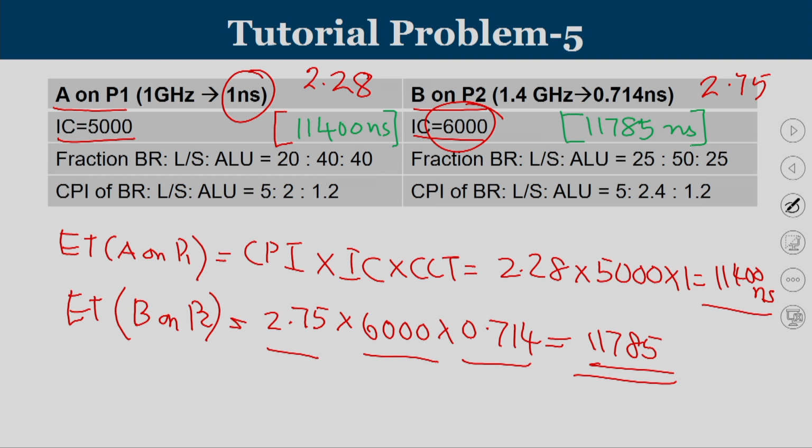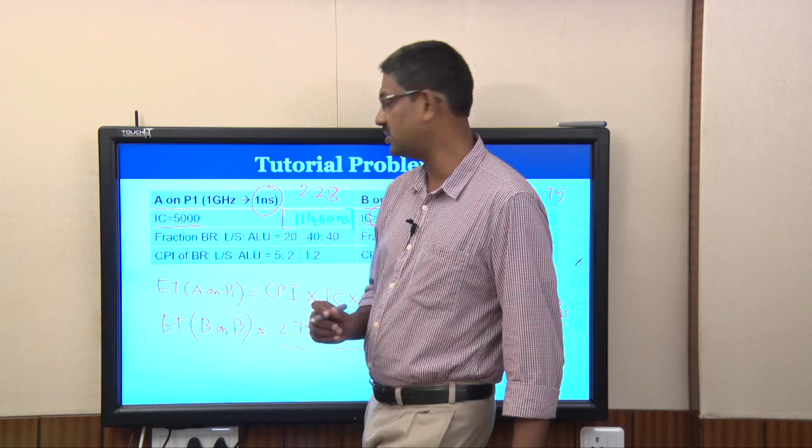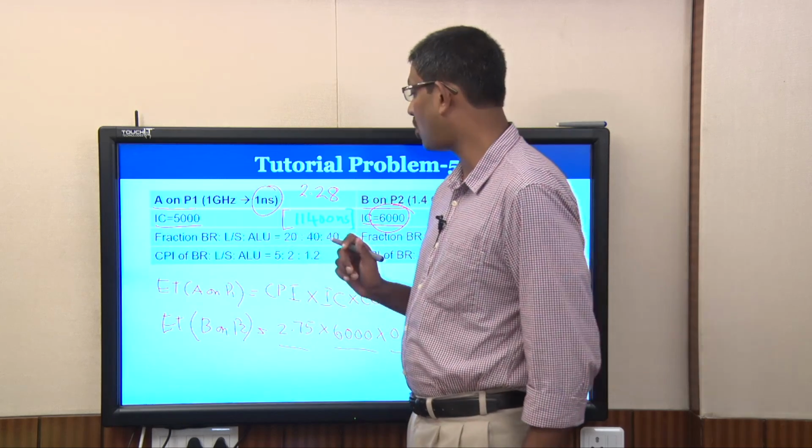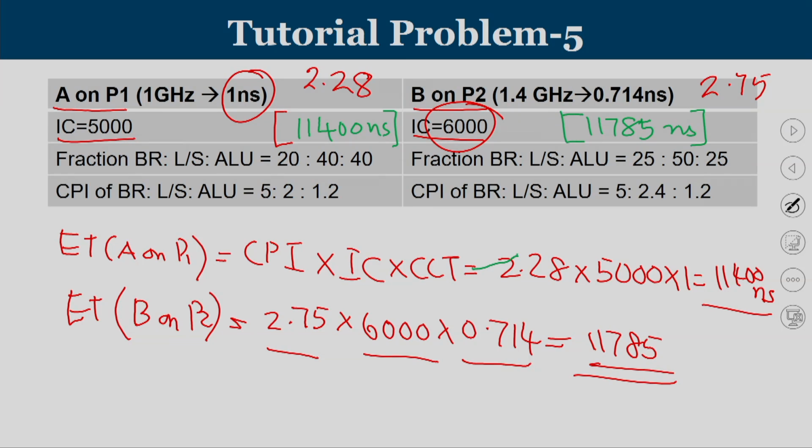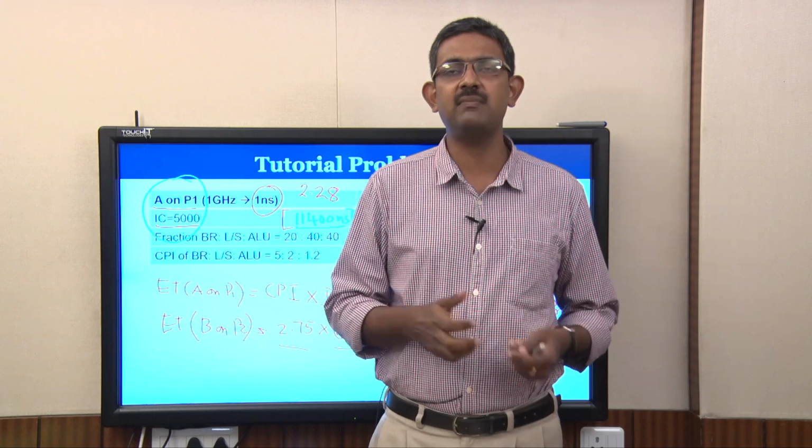Now, you compare your two designs. Your first design is going to solve the task, that is program A on P1 will take 11,400 nanoseconds, and program B on P2 will take 11,785. So, the smaller the execution time, the better.